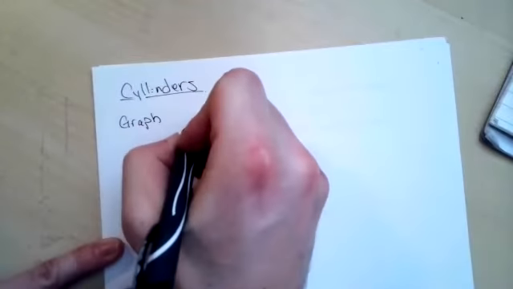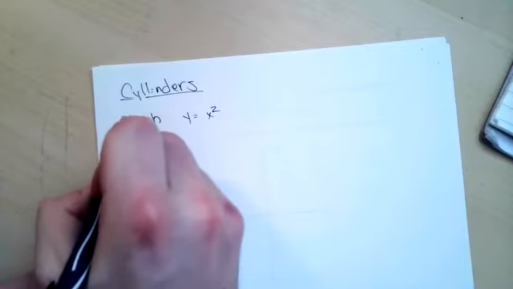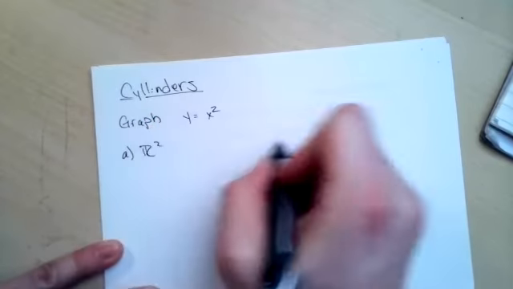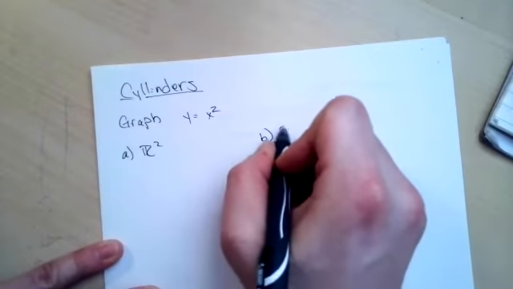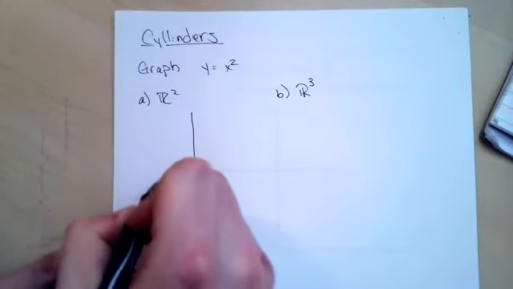And let's go ahead and just start with an example. So let's graph the equation y equals x squared in both R2 and in R3. R2 is pretty simple.